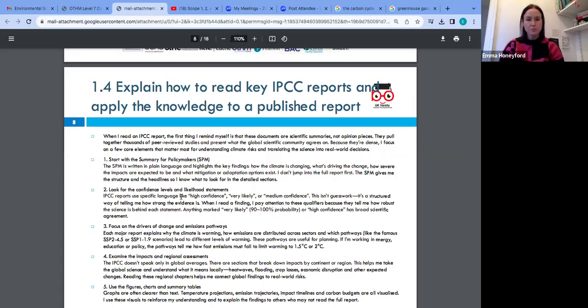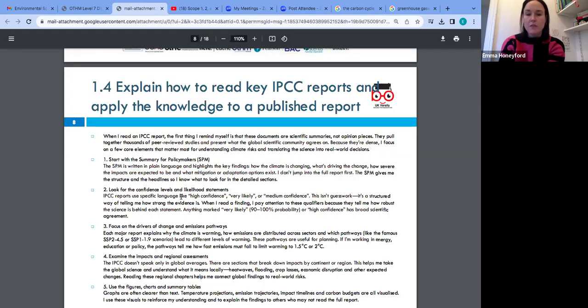So when we look at the IPCC reports and then apply that knowledge to a published report, it's important to remember the following things. So this is for 1.4, learning outcome number 4. So when we read an IPCC report, the first thing we need to consider is that these documents are scientific summaries, not opinion pieces.